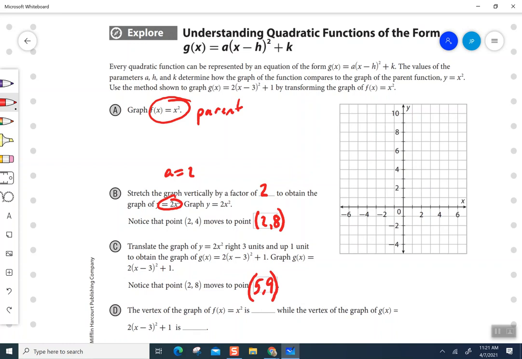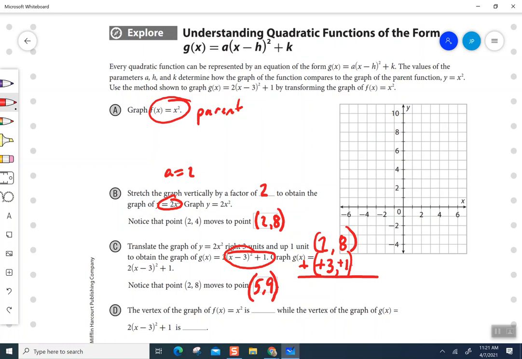Now look closely right here and see if you can make sense of that. I wanted to go 3 units to the right and 1 unit up. And let's go to (2, 8). So if I took these two and added them, guess what I get?